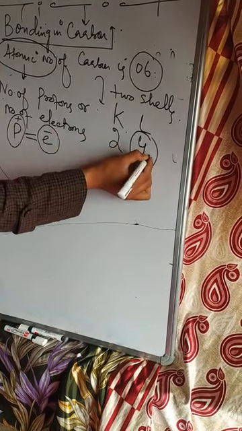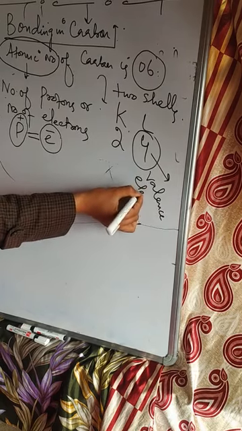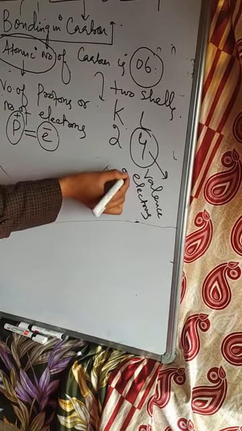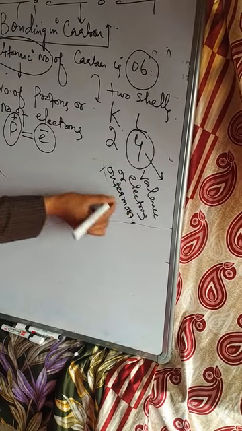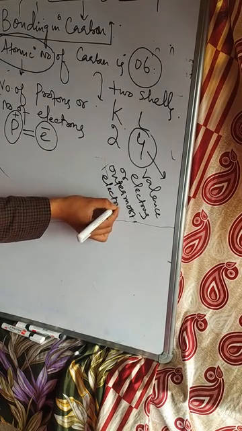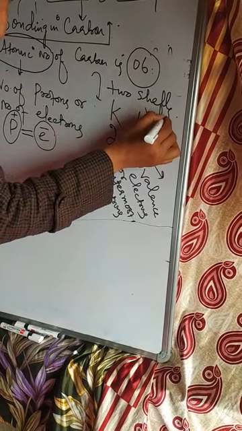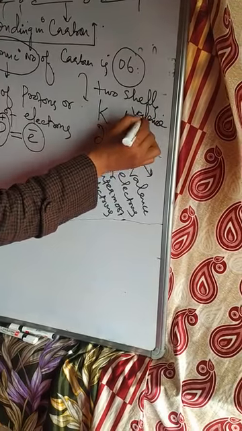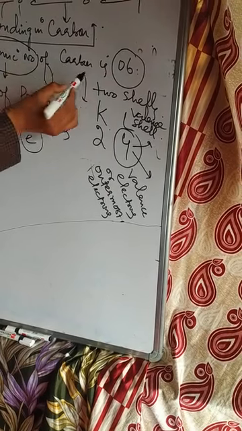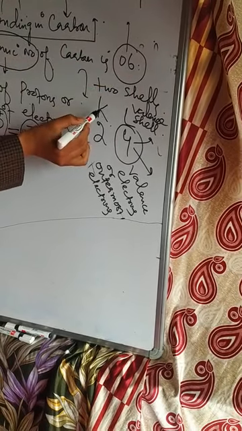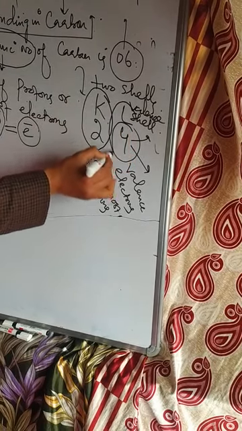And these 4 electrons are called valence electrons, or outermost electrons. And this shell is called the valence shell or outermost shell. So carbon has atomic number 6, having 2 shells. In the K shell it contains 2 electrons, and in the L shell it contains 4 electrons.